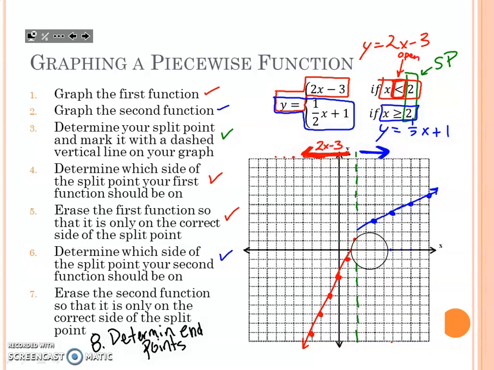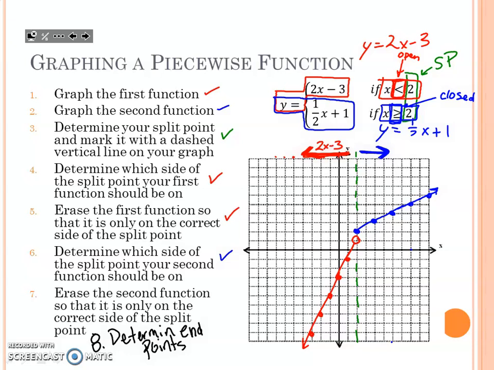So for my red function here, where I get to my split point, I've got to have an open circle. Versus my blue function is greater than or equal to, which means that my blue function needs to be a closed circle. And you guys have graphed a piecewise function.